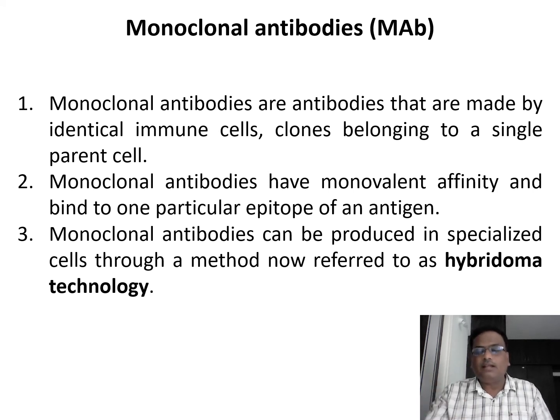And to treat the other person, they want to produce more number of such specific antibodies. So what they do is they will infect a mice. They are going to infect the mice with the disease causing organism. Now the mice immune system is going to produce the specific antibodies against that, right?